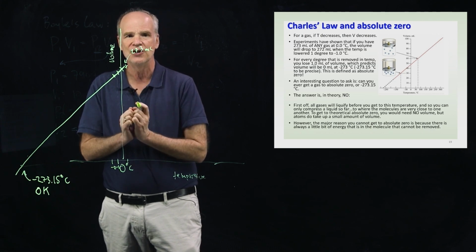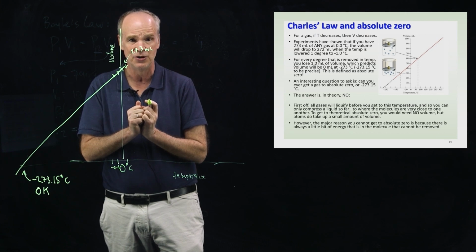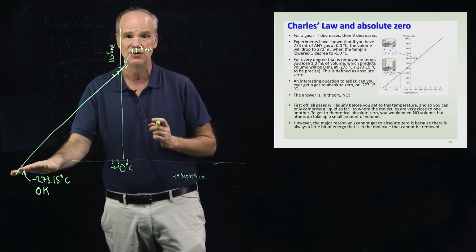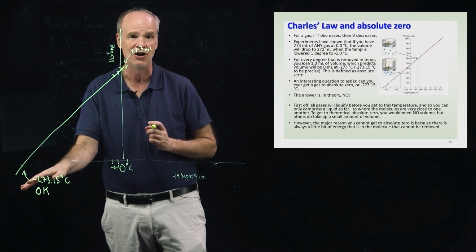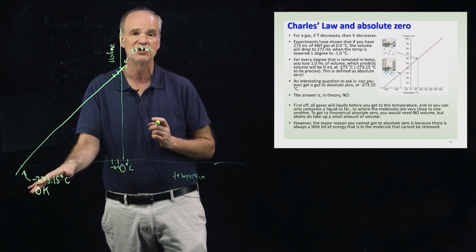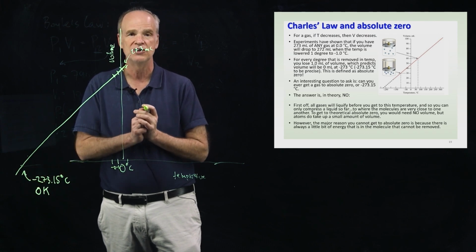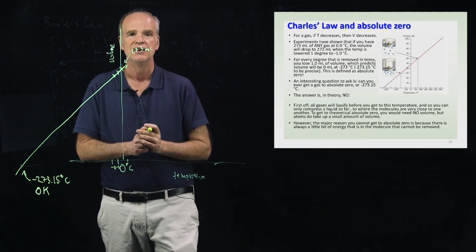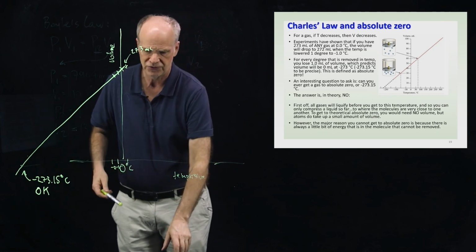So in theory, because the molecules always have a little volume to them, we can never get it to a point where we have the molecules having no volume at all, which predicts that we can never get it to a temperature where you would have the molecules with no volume at all. So in theory, we probably never can get to a temperature of absolute zero.